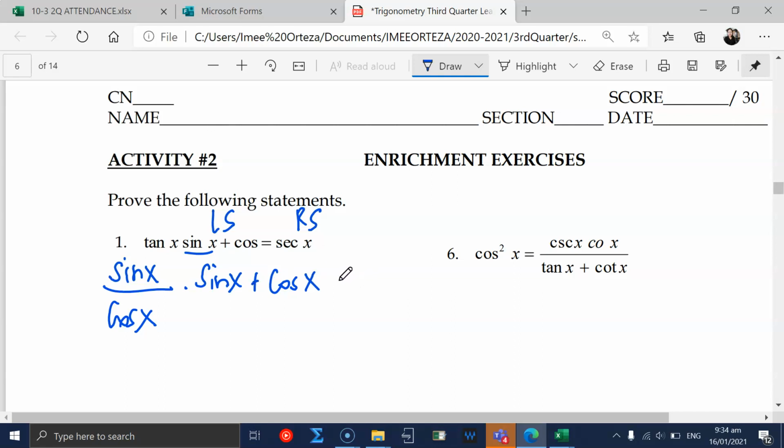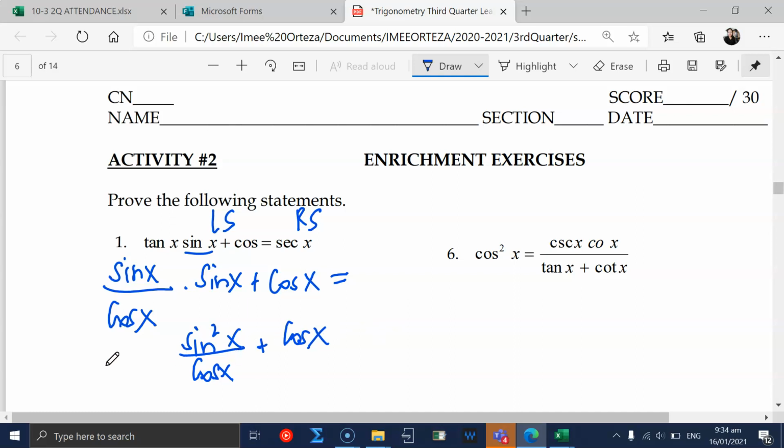Then applying the rules on fractions. So this part, sine x and sine x, can be put together as sine squared x over cosine x. So multiplying the numerator part plus cosine x.